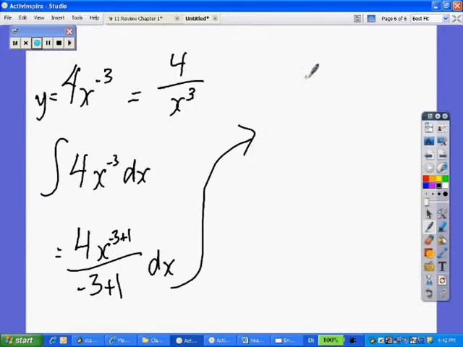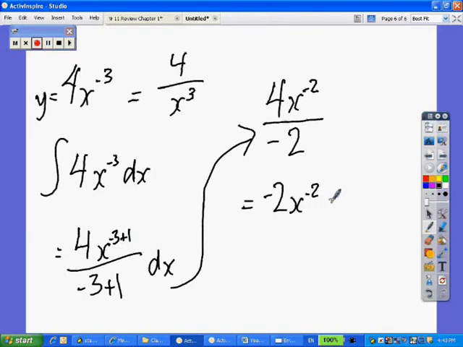That gives me 4x to the power of negative 2 over negative 2. Simplifying this, 4 divided by negative 2 is negative 2, x to the power of negative 2, and then I need to put plus c, not dx.